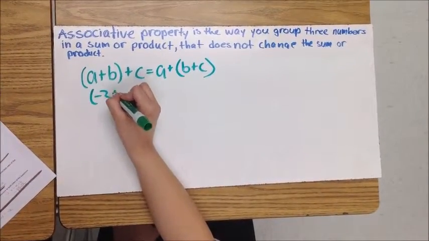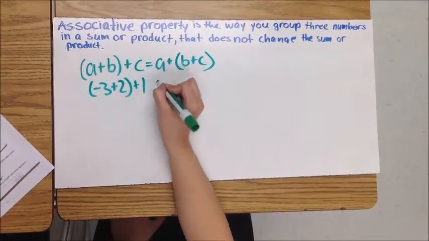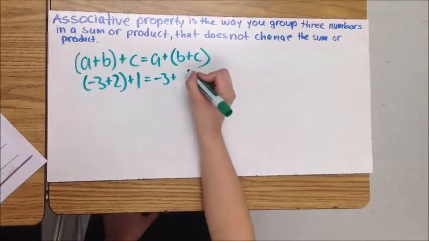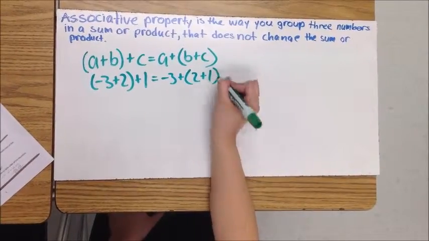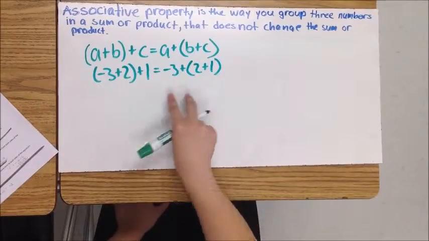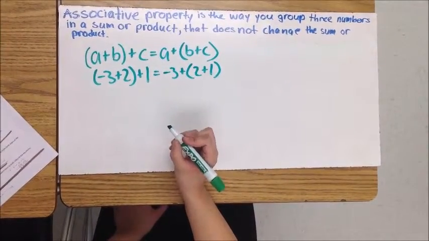Negative 3 plus 2, plus 1 equals negative 3 plus (2 plus 1). Notice how the parentheses change the grouping in the equation, and this applies to multiplication as well.